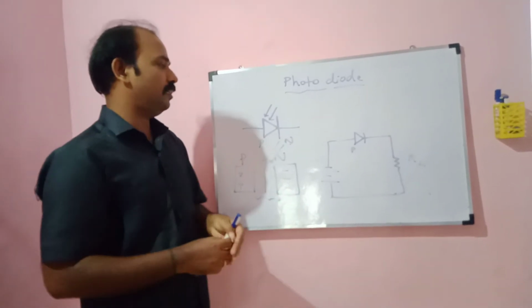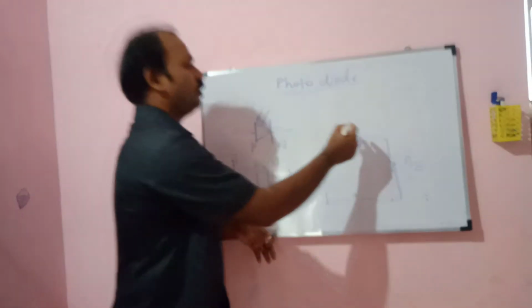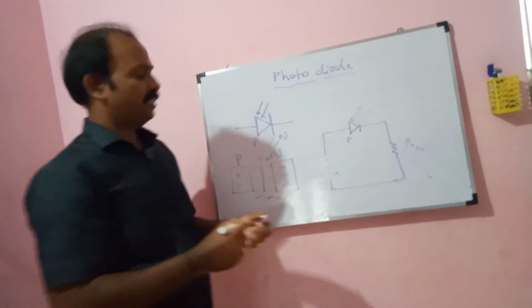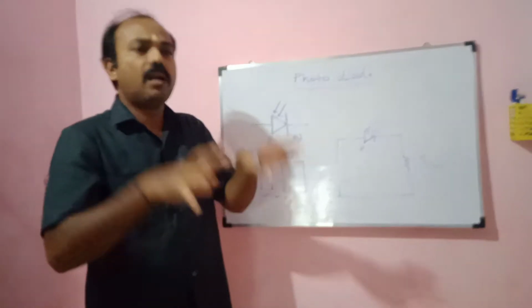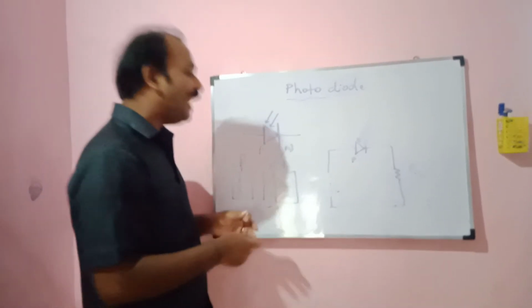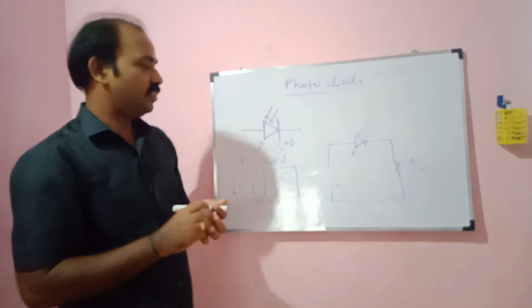So suppose there is no reverse bias, no forward bias, and no light is provided, the photodiode is not going to work. The photodiode does not produce any electrical signal corresponding to the amount of light falling on it.